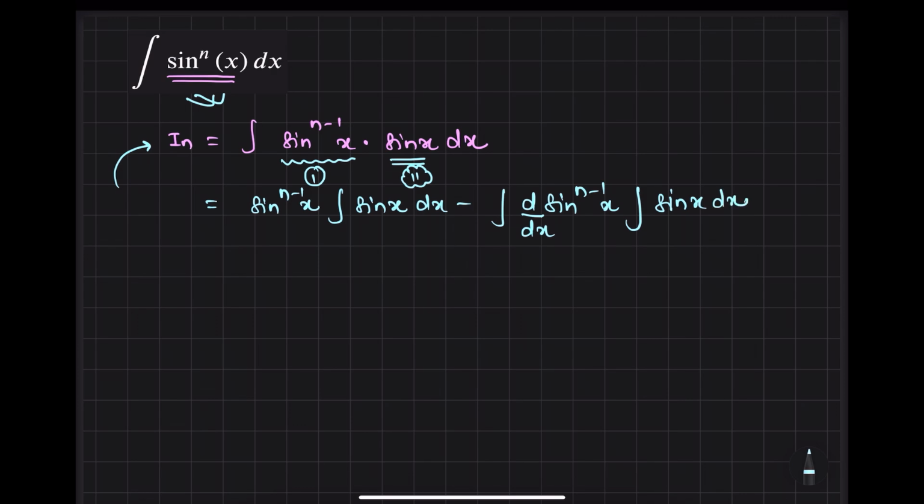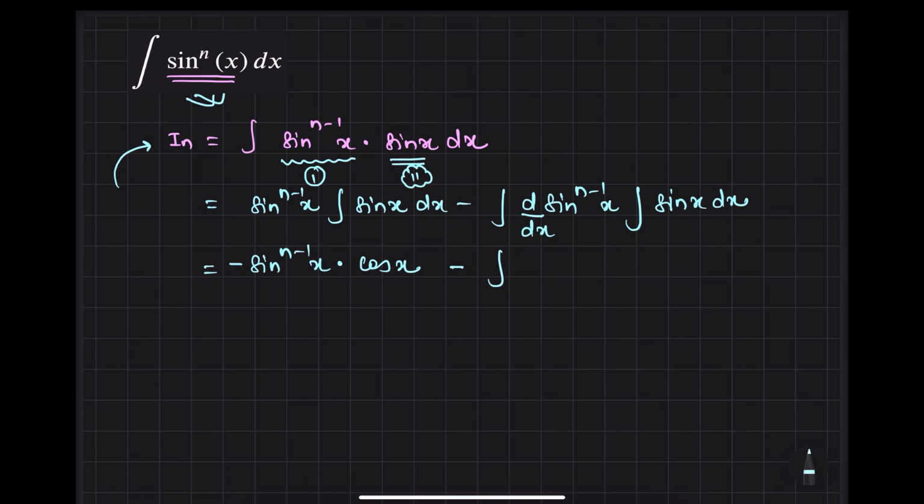Let's proceed. Sine power n minus 1 x. Integration of sin x is minus cos x, so we will have an extra minus.